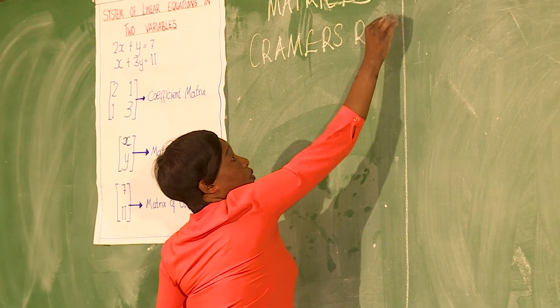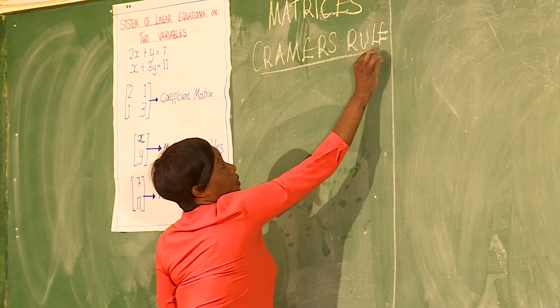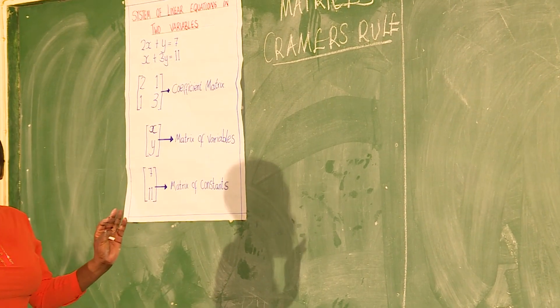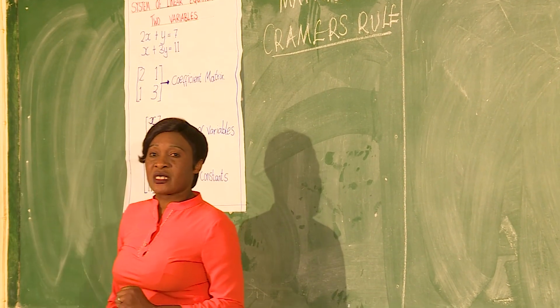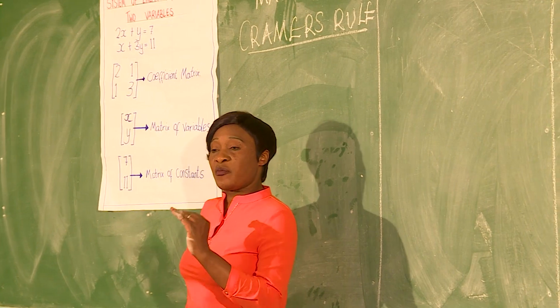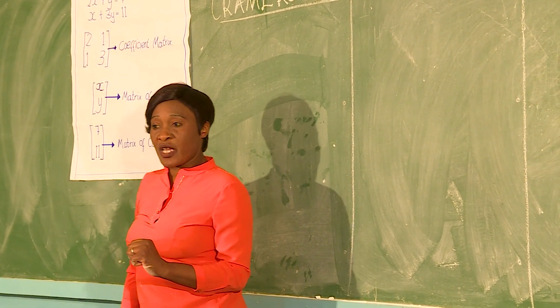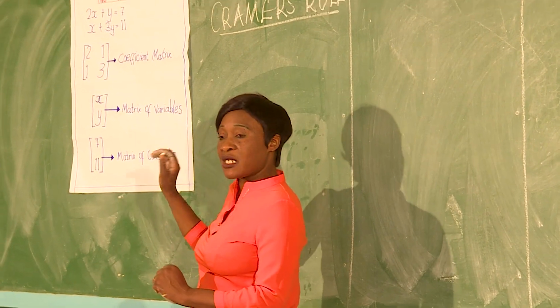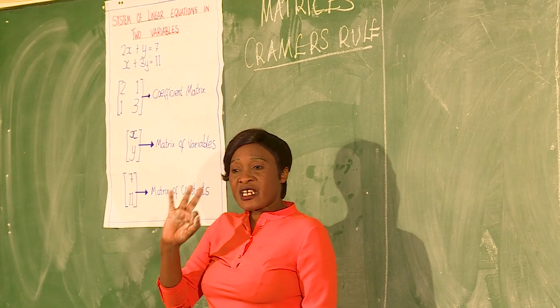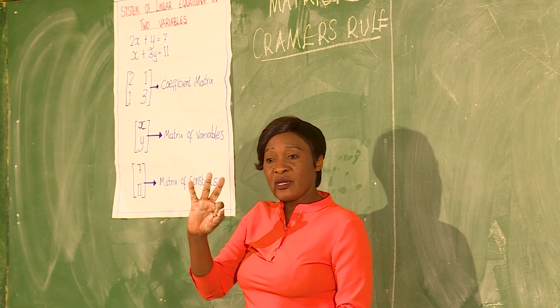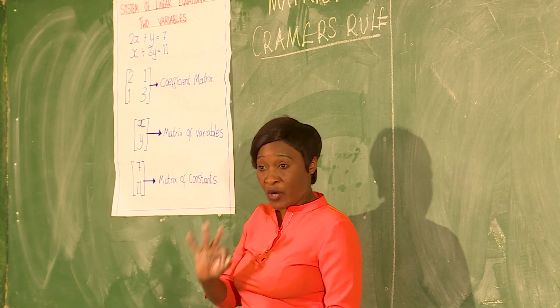Now, when we have been given simultaneous equations and we want to solve them using Cramer's rule, there are three matrices that we're supposed to extract.